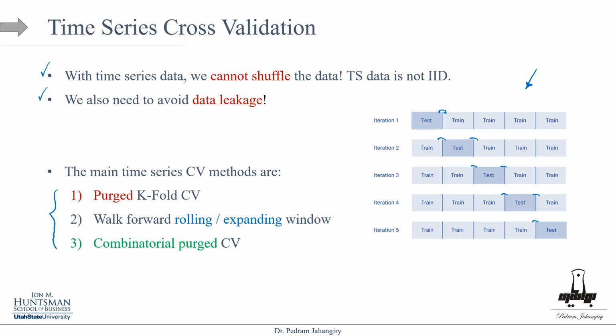And the third one is Combinatorial Purged cross-validation. This is actually quite an interesting one, which was developed by Marcos Lopez de Prado, who talks about this method in his fantastic book called Advances in Financial Machine Learning.